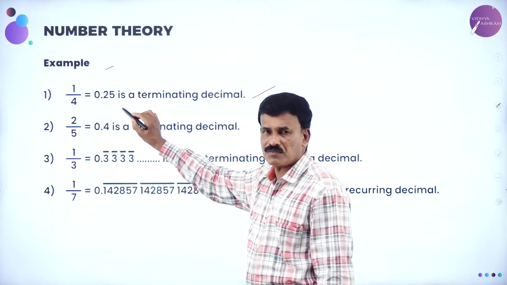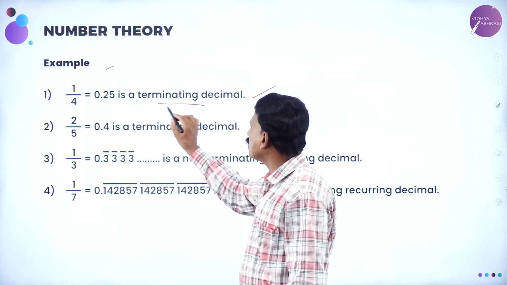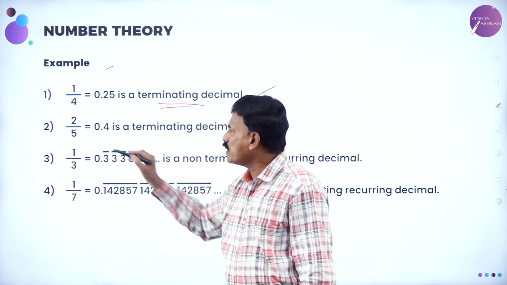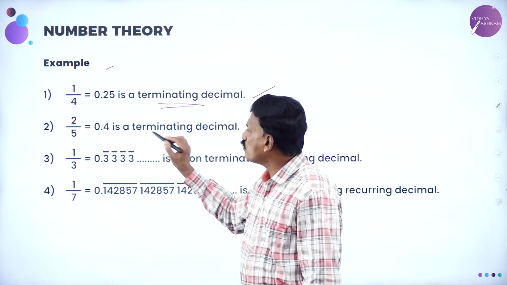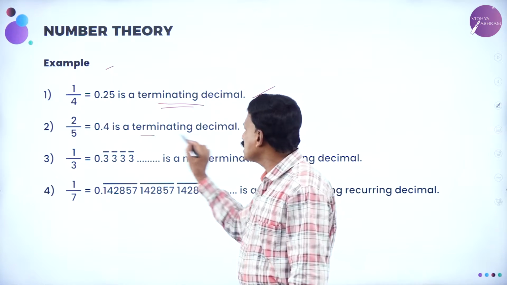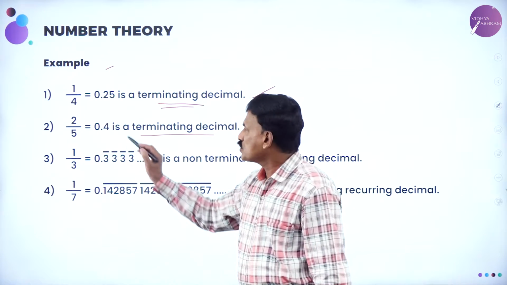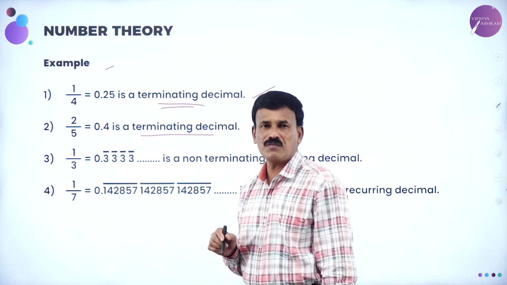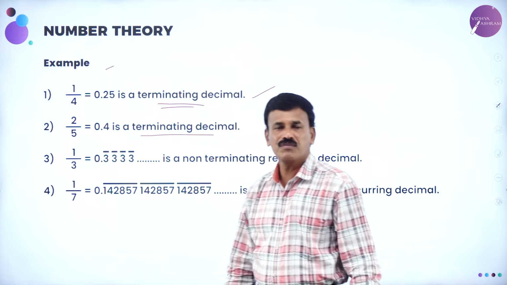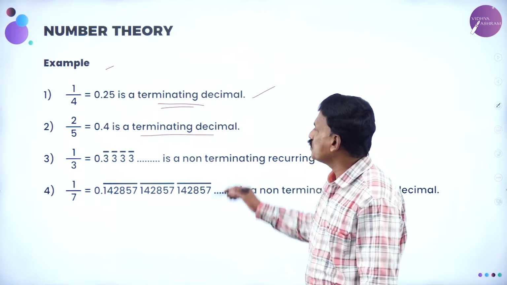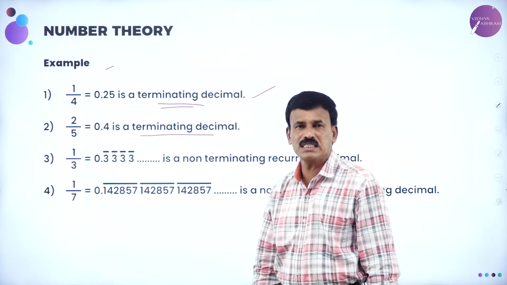It stops here itself, so this is called a terminating decimal. Whereas 2 by 5, if you divide 2 by 5, 20 divided by 5, that is 0.4. 5 4s are 20. This is also a terminating decimal. So 0.4 is the exact value of 2 by 5 and 0.25 is the exact value of 1 divided by 4. Therefore, these two are examples of terminating decimals.